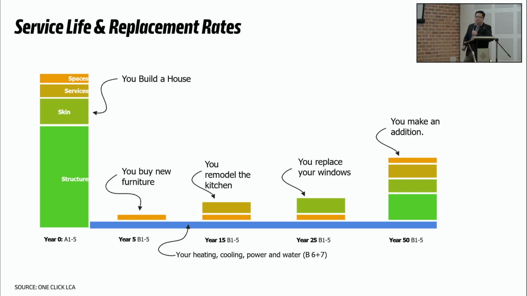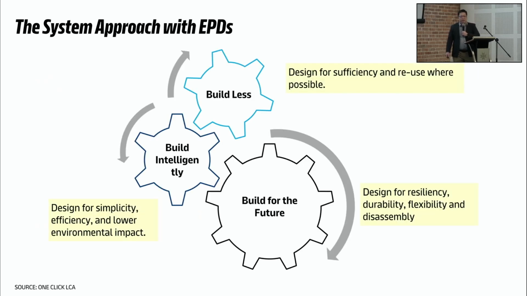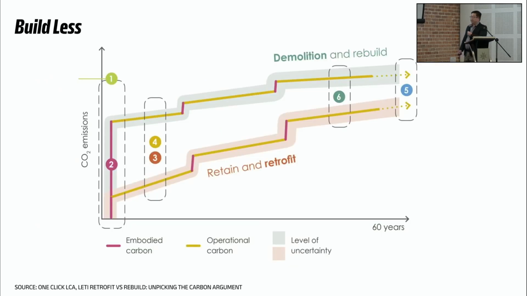So how much is the total carbon of your building? It depends not just on the operational, but also something above over here. So think about when and what to choose for your design. The approach is build less, build intelligently, and build for the future. How? Build less.